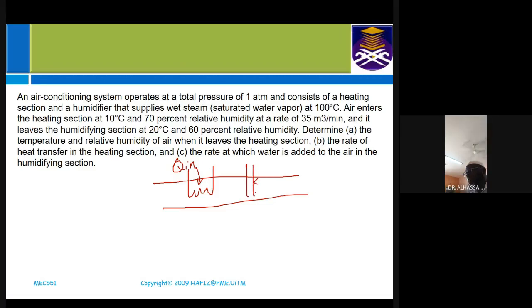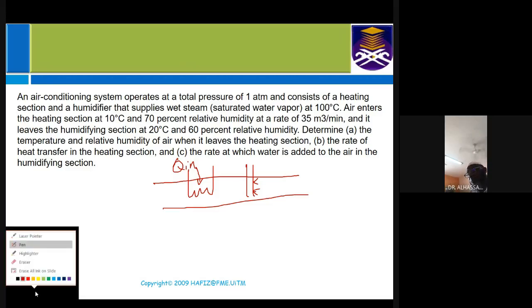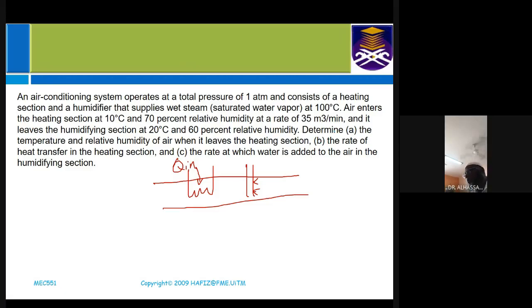Humidifier means we are increasing the amount of water vapor. Water enters in this, so this is the humidification.